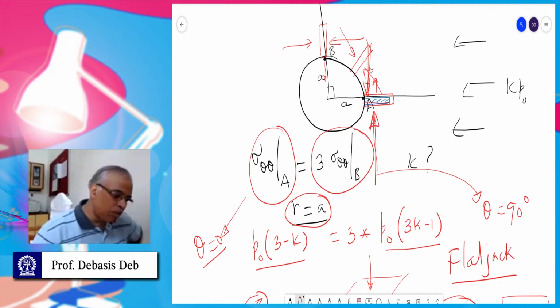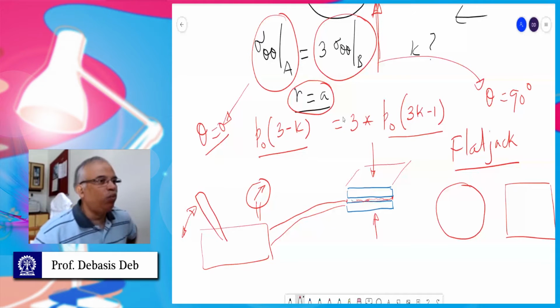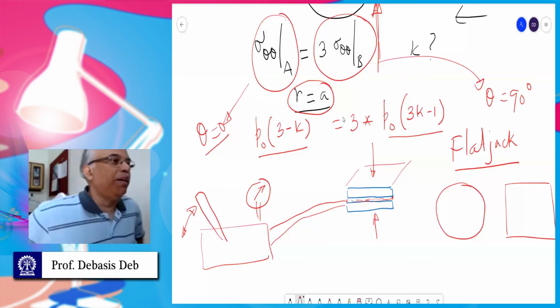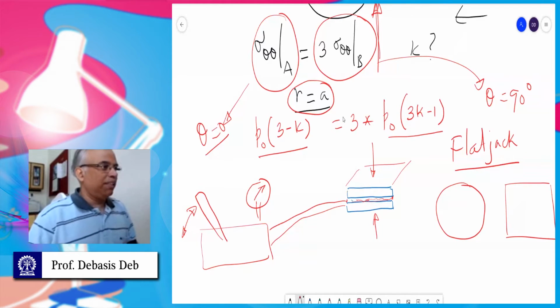So that is how we measure, and then we get these values, and from those values we calculate the in situ stress parameter. So we are measuring the induced stress. Remember that.